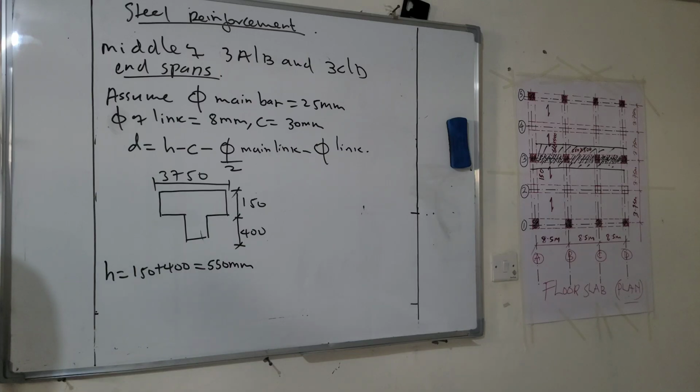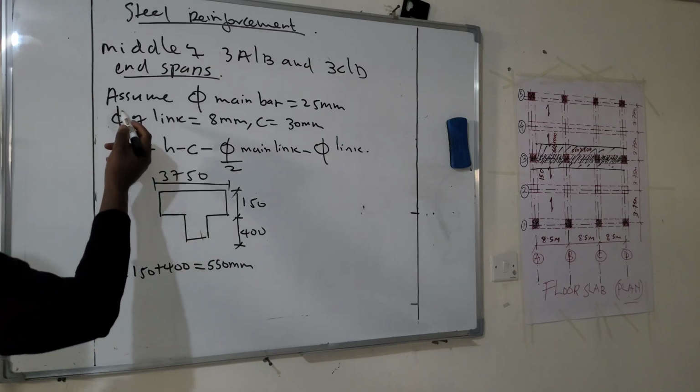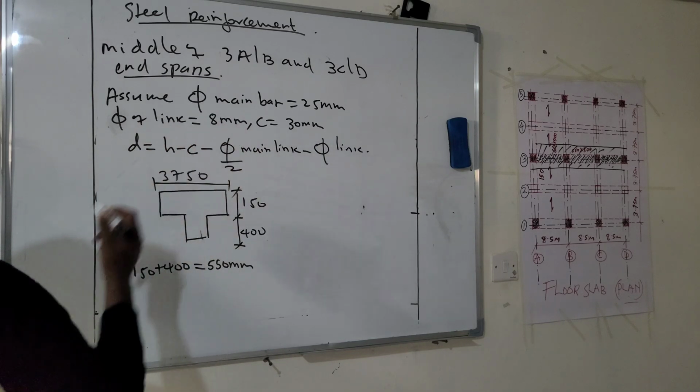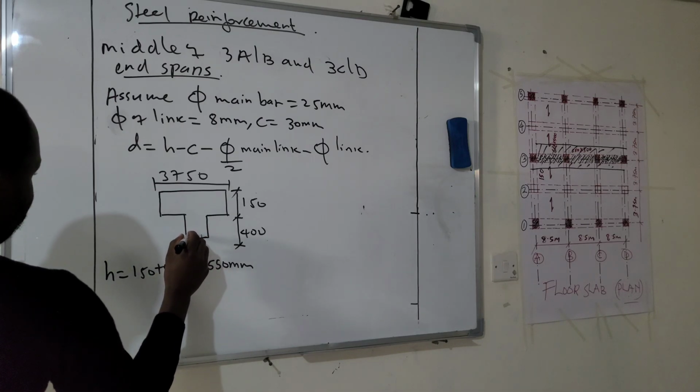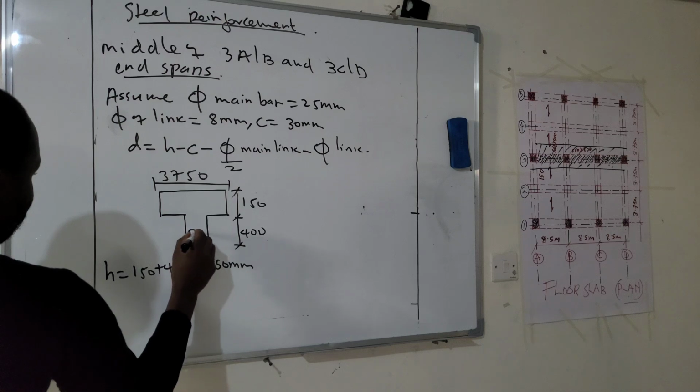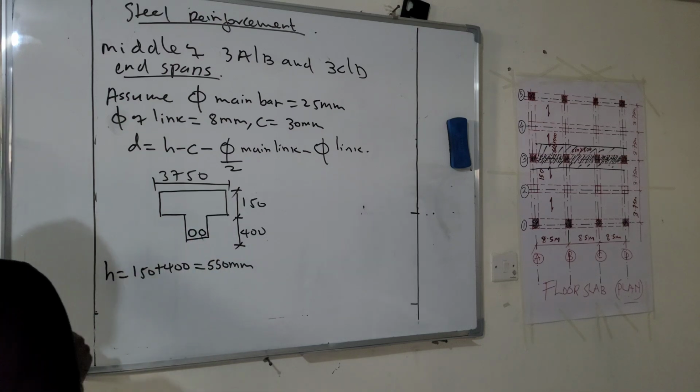And we have assumed a main bar diameter of 25 millimeter. So you can assume this is the main bar, like that.